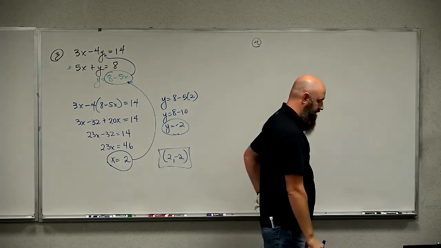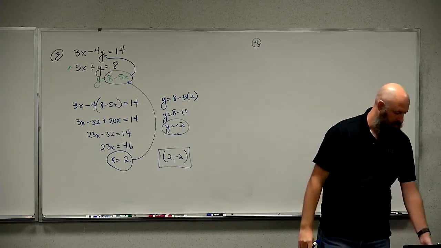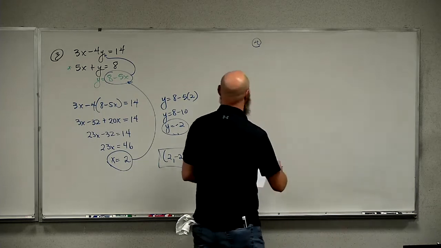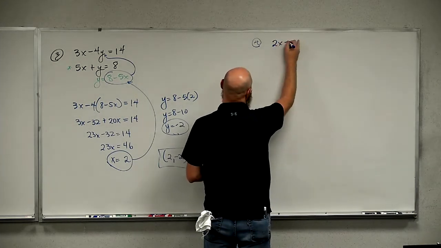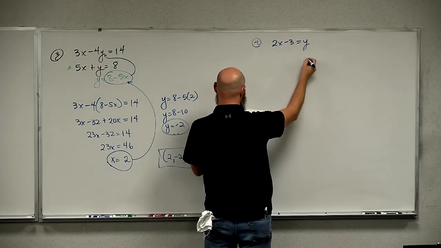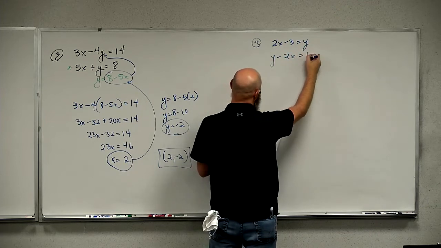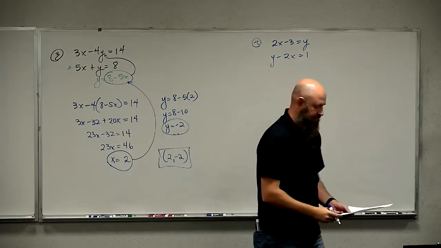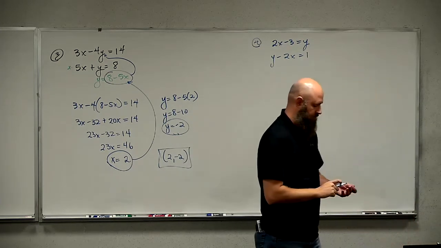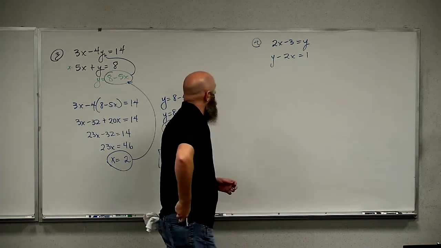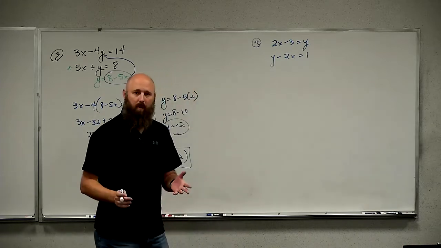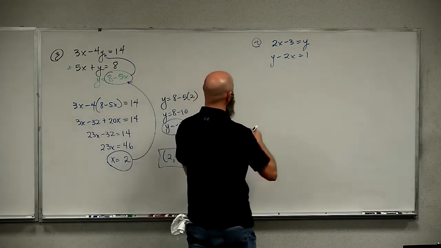All right, number 4. 2x minus 3 equals y, and y minus 2x equals 1. Well, even though it looks a little weird, y is by itself, so that's good.